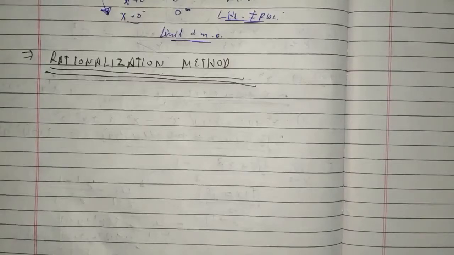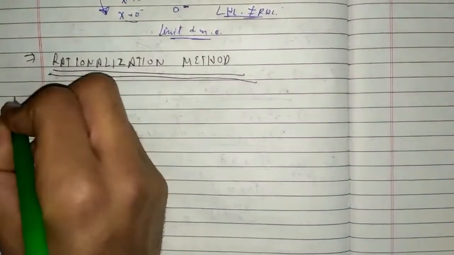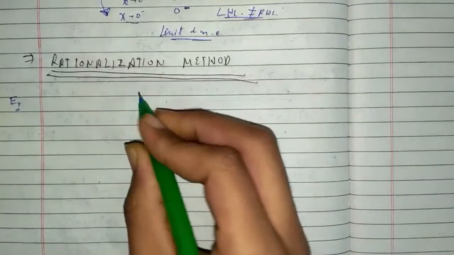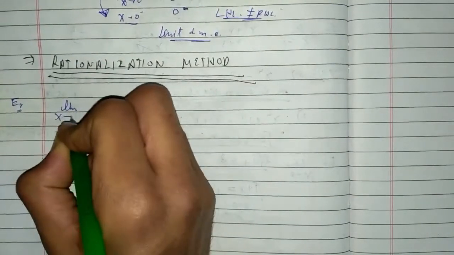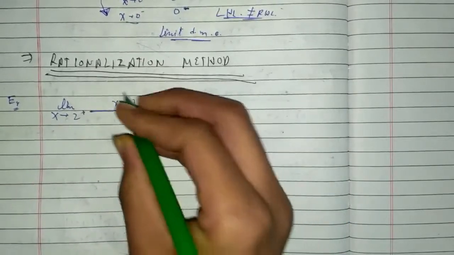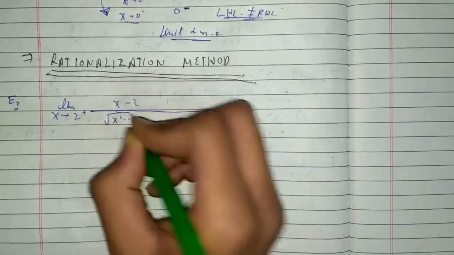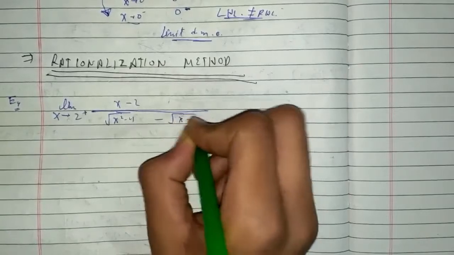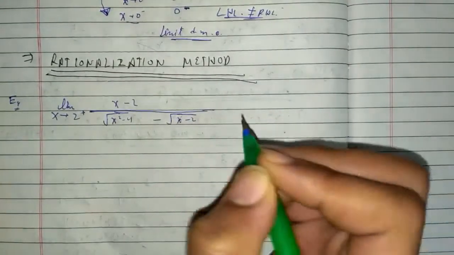For example, limit x tends to 2 plus of (x minus 2) upon (root of x squared minus 4 minus root of x minus 2). Okay, give this problem a try.